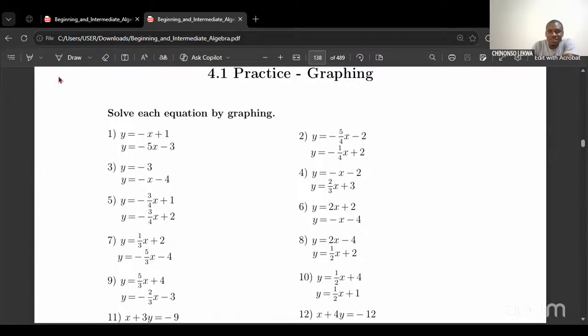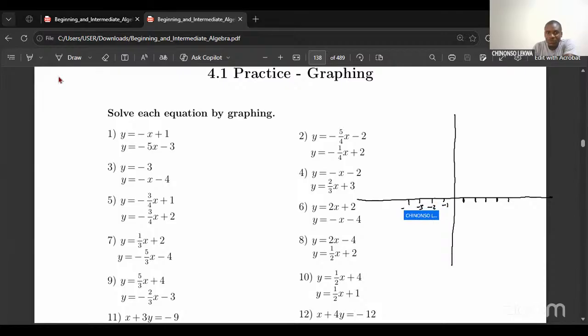Except we have a clean graph sheet. Now, say for example, my line is not straight. So I'm going to try my best to make sure they have equal distance. So -1, -2, -3, -4. 1, 2, 3, 4, 5.